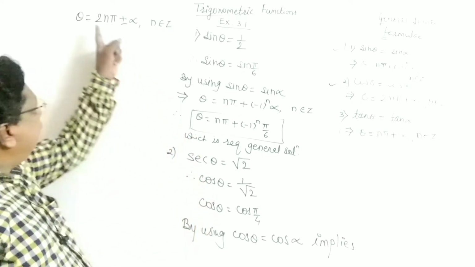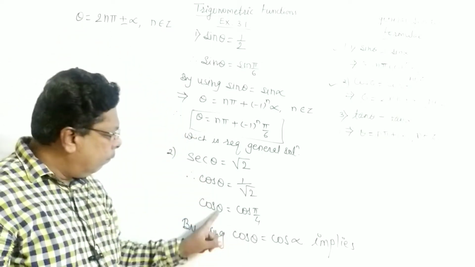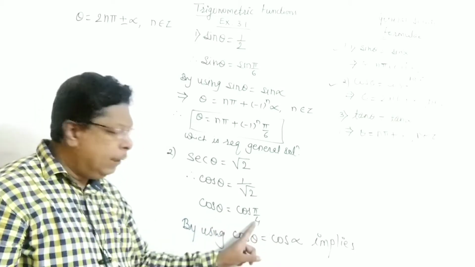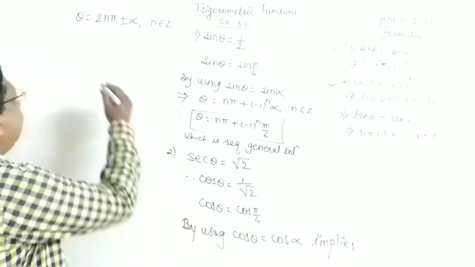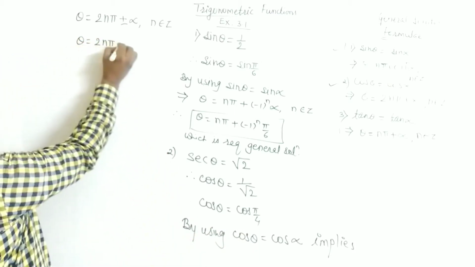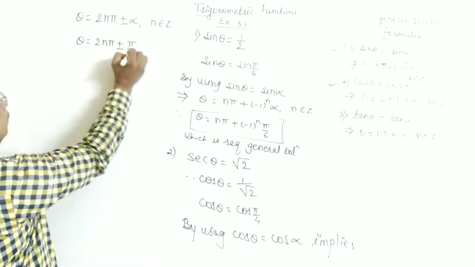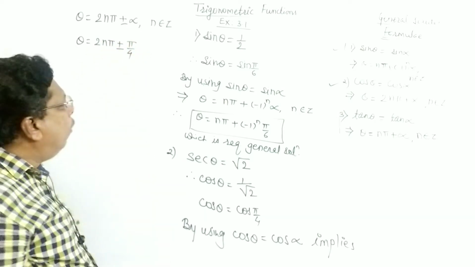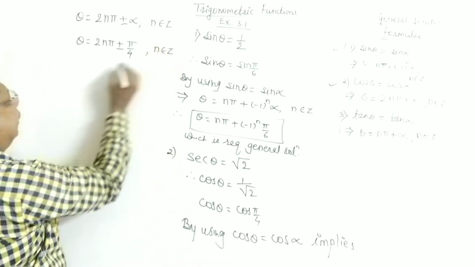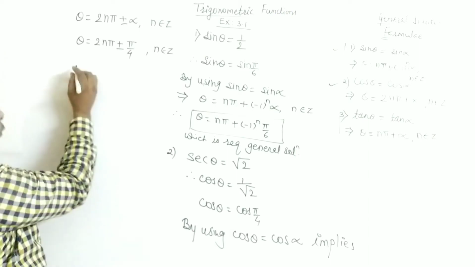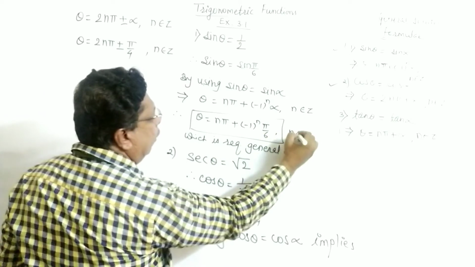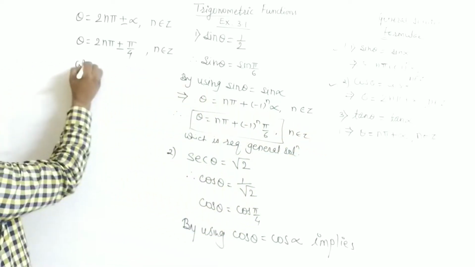Compare these two, cos theta equal to cos alpha. Alpha is equal to pi by 4. So this becomes theta is equal to 2n pi plus minus pi by 4. You can take common, otherwise keep as it is. N belongs to Z, which is the required general solution.